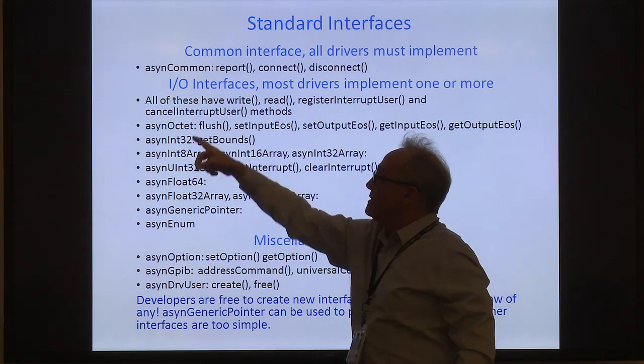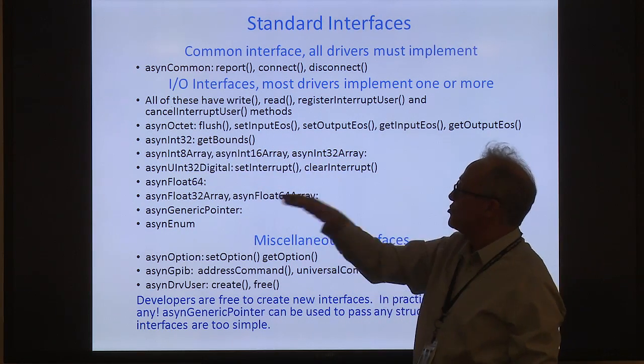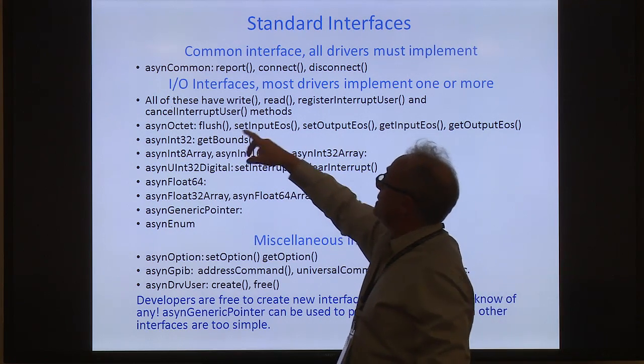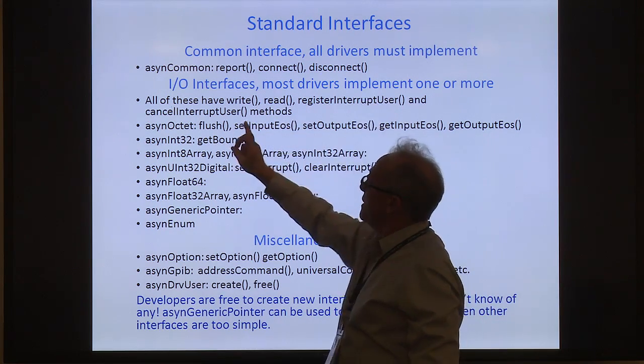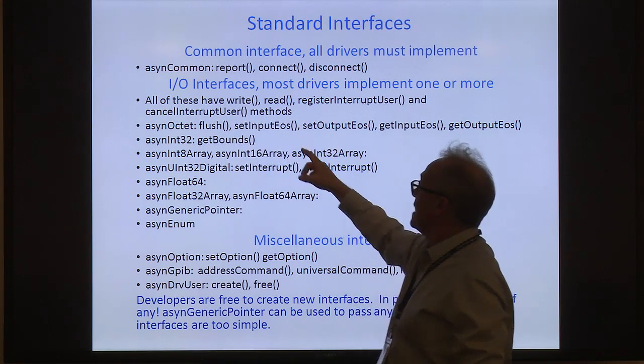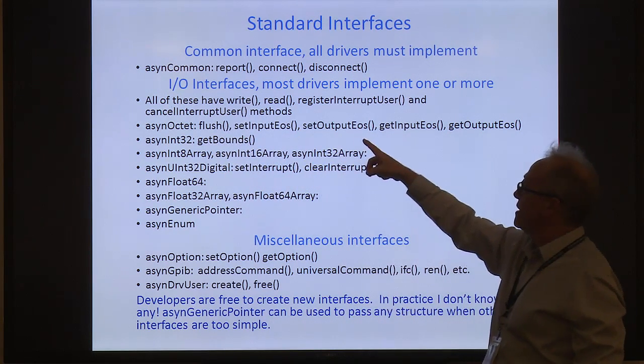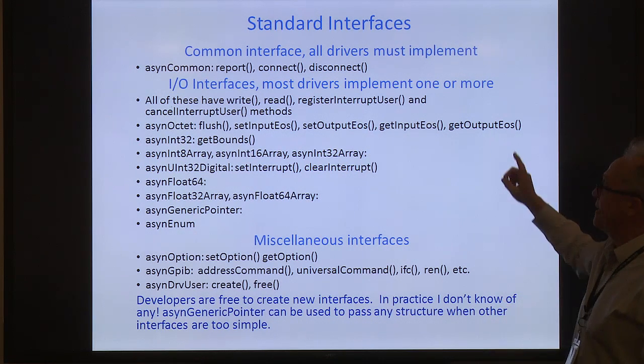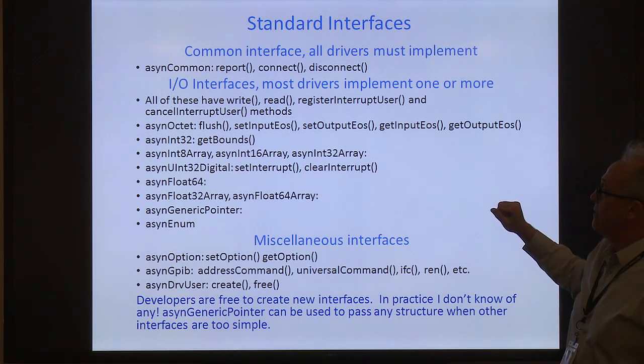Okay, so then asyn octet, as I said, is the thing for sending strings or streams of 8-bit bytes. In addition to write and read, it has a flush method, a set input EOS (end of string) method, set output end of string, get input end of string, and get output end of string.